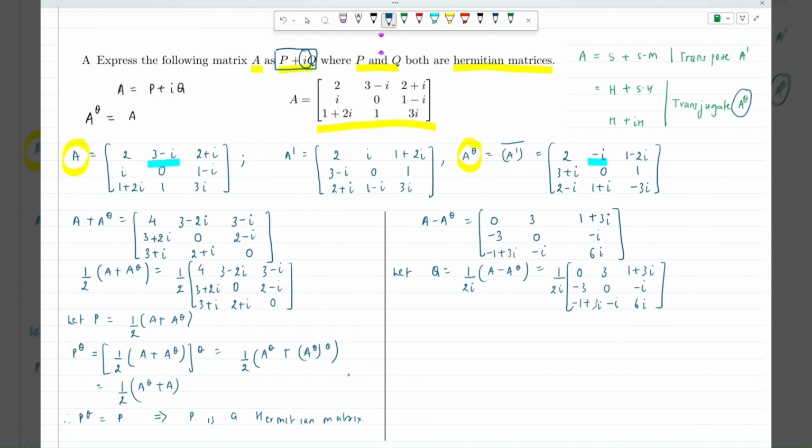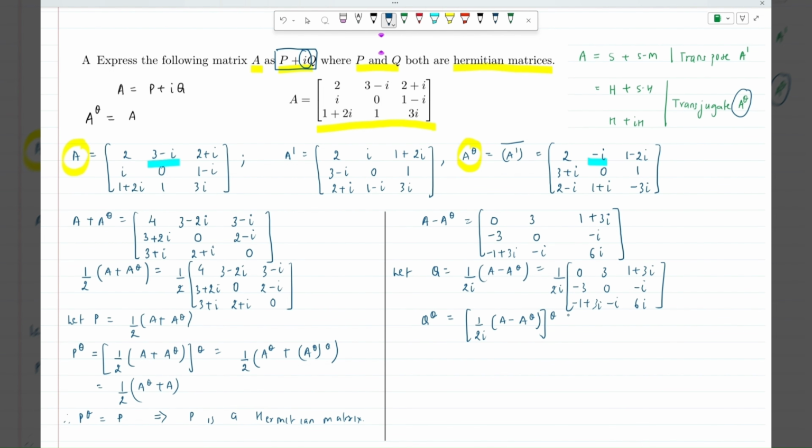And again the same thing, we got to check whether Q is Hermitian. So we will be getting that Q raised to theta is going to be the transjugate of 1 by 2i times A minus A raised to theta.